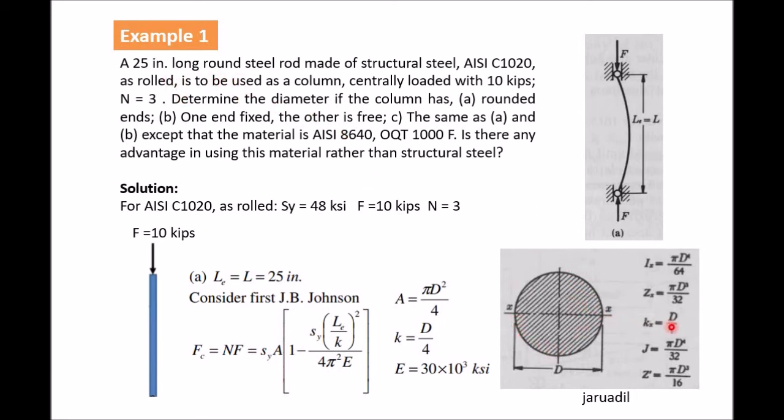So K here is D over 4, and E is 30 times 10 raised to 3 ksi, or 30 times 10 raised to 6 psi. It is cubed because it is ksi; if it is psi, it is 6, not 3. So we just substitute that into the formula. It is that simple, not very difficult. Just remember the formula and use the correct formula.